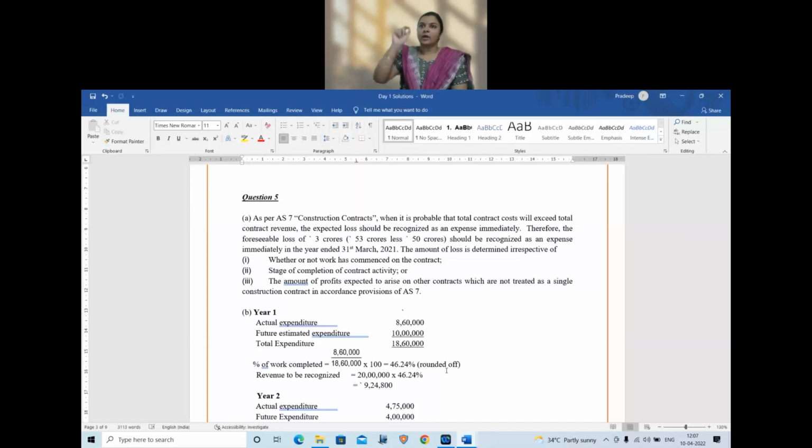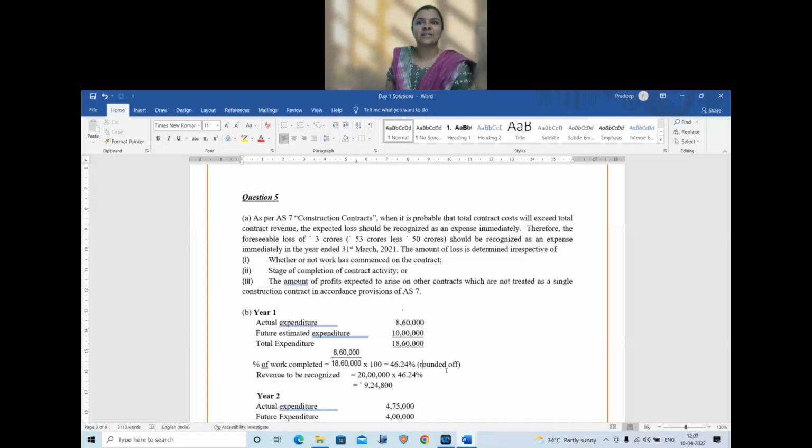Now you can ask, ma'am, why should I not recognize 8 lakh work certified? Now let's see the question. 8 lakh is the work certified, but what is the actual cost spent? 8,60,000, which is higher. So the rule is, if work certified is lesser than the actual cost, go by actual cost.